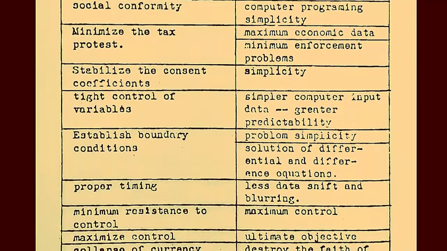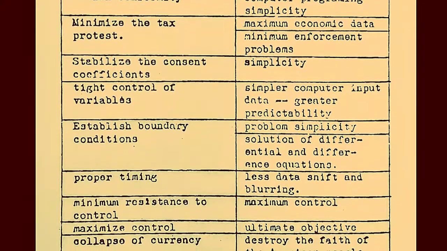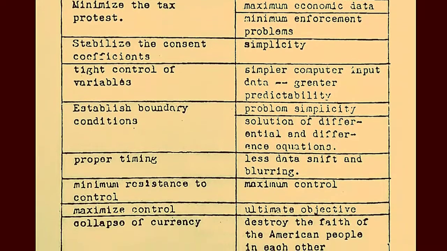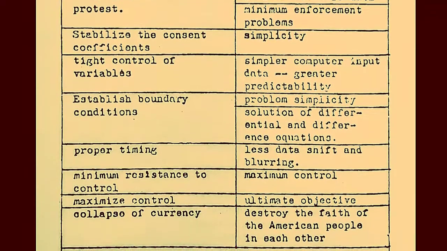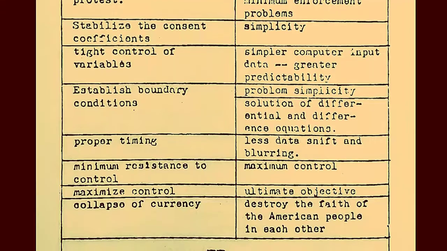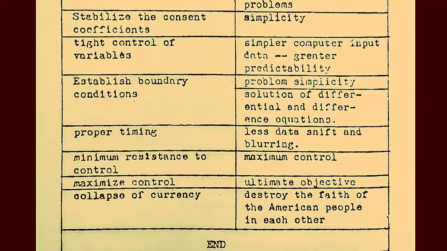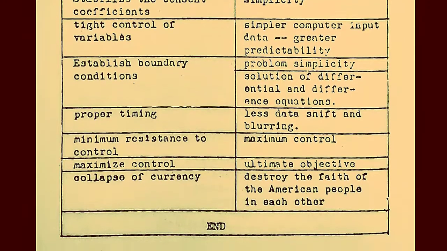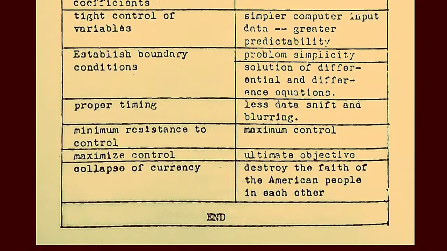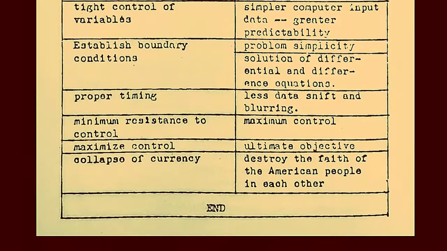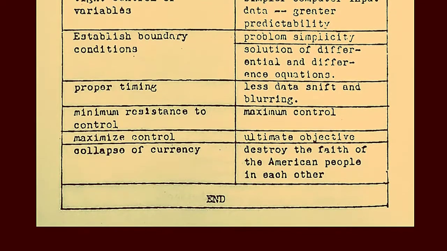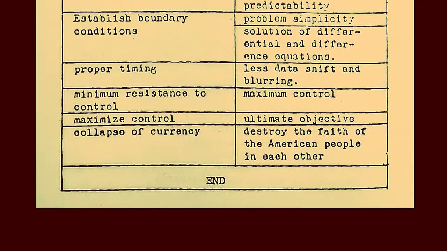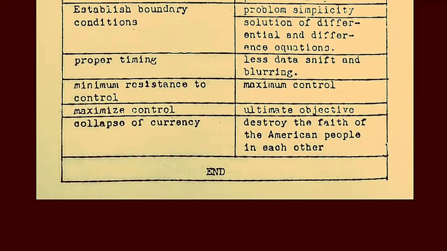Do have proper timing to get less data shift and blurring. Do minimum resistance to control to get maximum control. Do maximize control to get ultimate objective. Do collapse of currency to destroy the faith of the American people in each other. End.